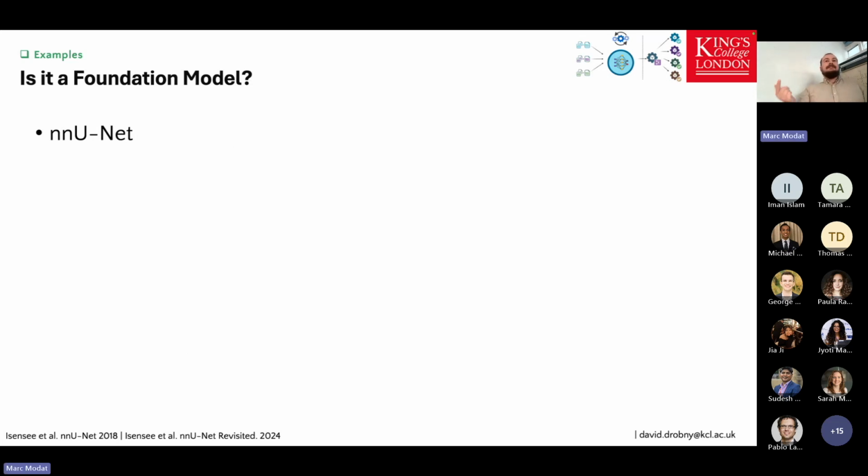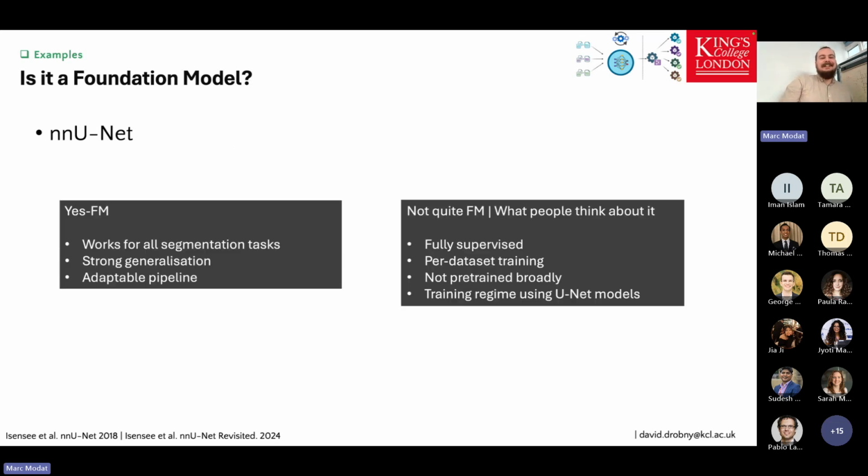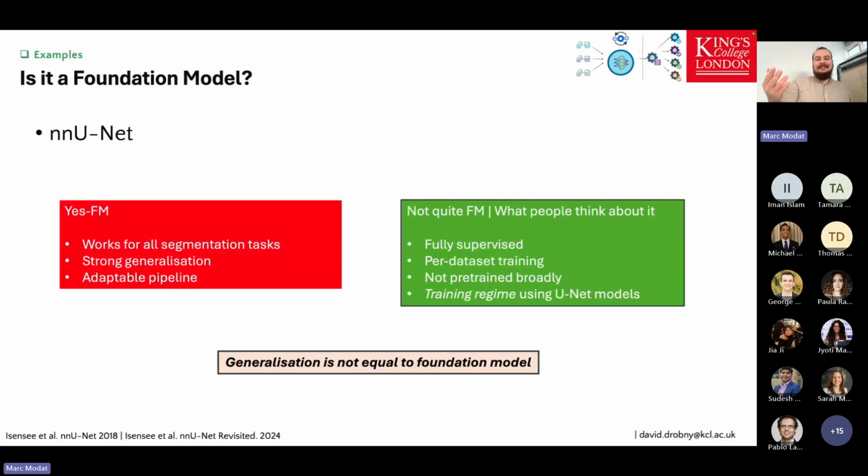Then nnU-Net. Most people should have heard about nnU-Net. Is nnU-Net a foundation model? Well, that's an interesting discussion. So essentially, nnU-Net is a training regime. nnU-Net builds U-Net models, and there are a lot of bits and pieces that come together.